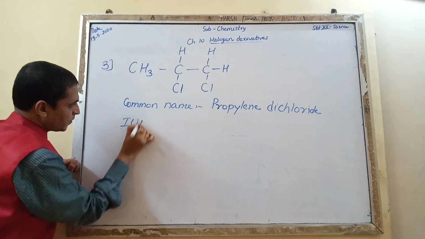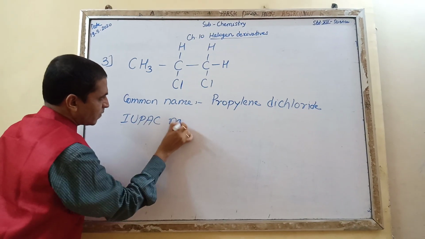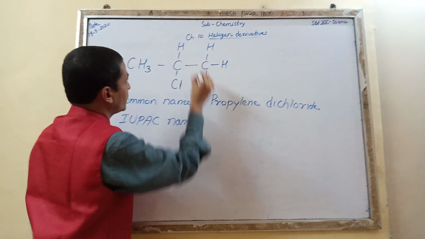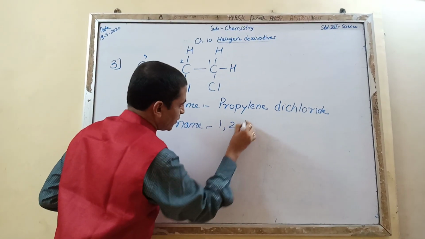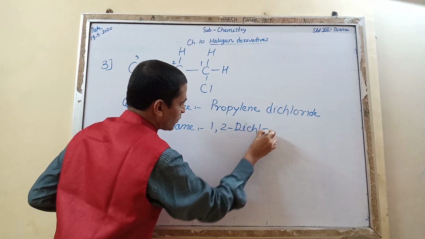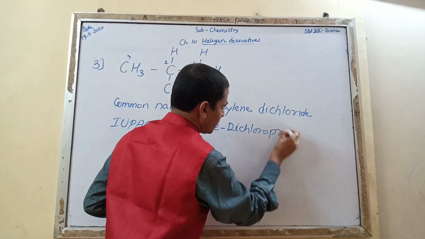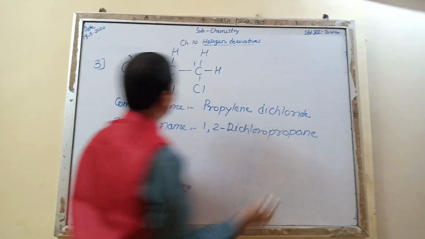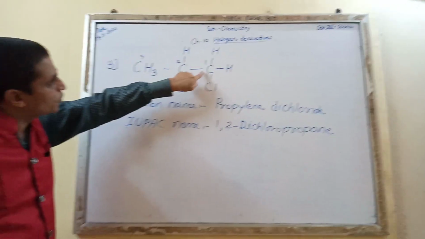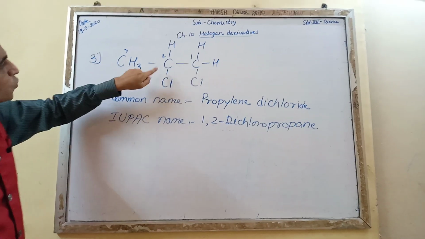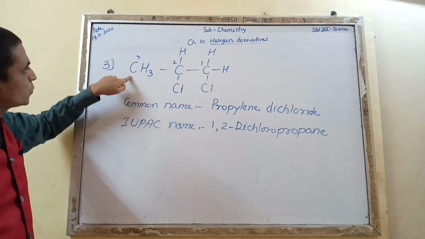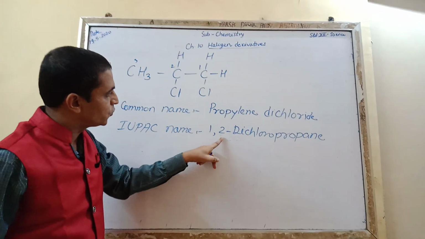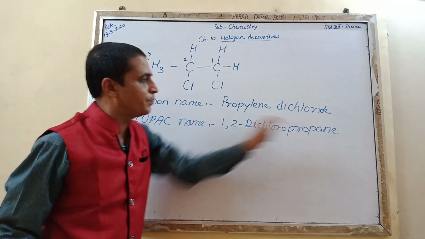The IUPAC name is 1,2-dichloropropane, because the first carbon atom has a chlorine atom attached, the second carbon atom has a chlorine atom attached, and the parent alkane is propane. So its name is 1,2-dichloropropane.